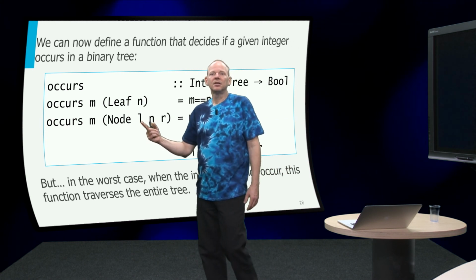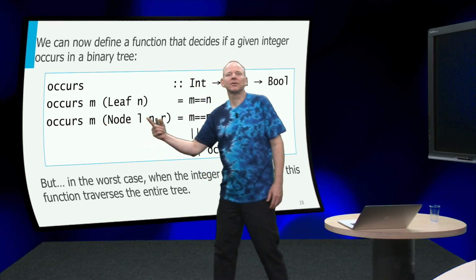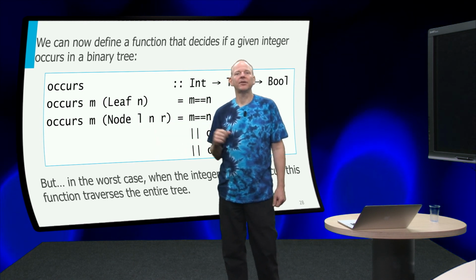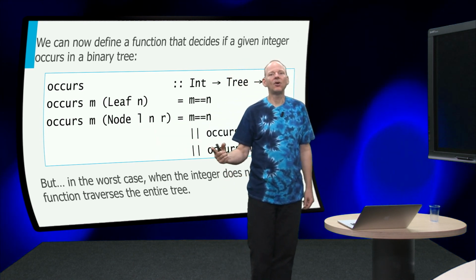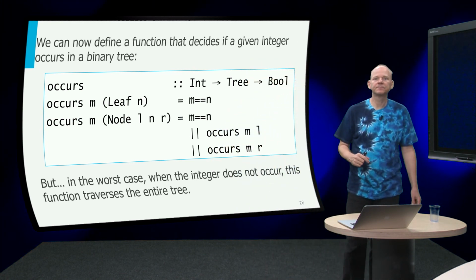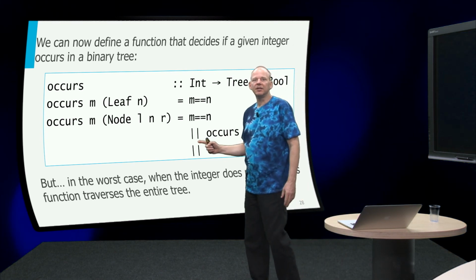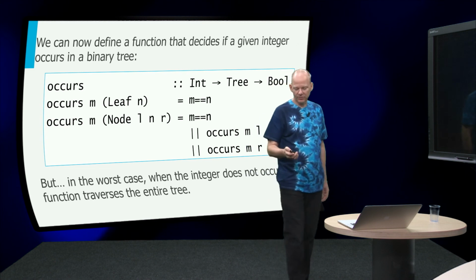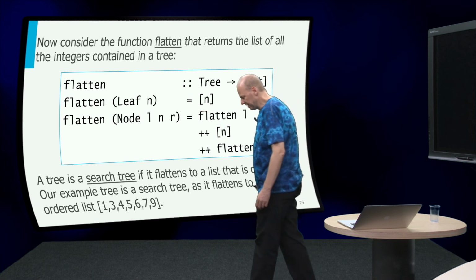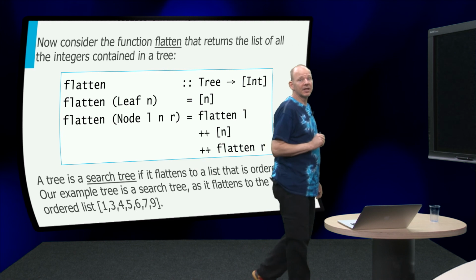When we have a node, we check whether the value at that node is the one we're looking for, or we check whether the value occurs in the left subtree, or we check whether it appears in the right subtree. Okay? But when the integer does not occur in the tree, we will traverse the whole tree. That's the algorithm there.